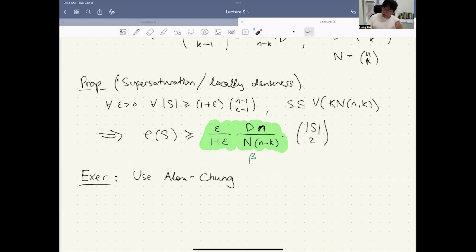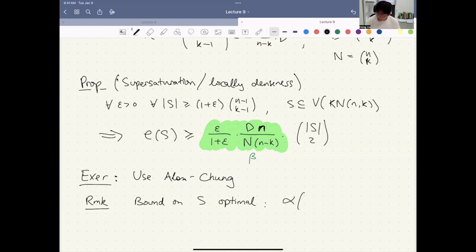The bound here on S is necessary. This is optimal, a remark. This is an almost trivial remark on S being optimal, because what's the independence number of the Kneser graph?